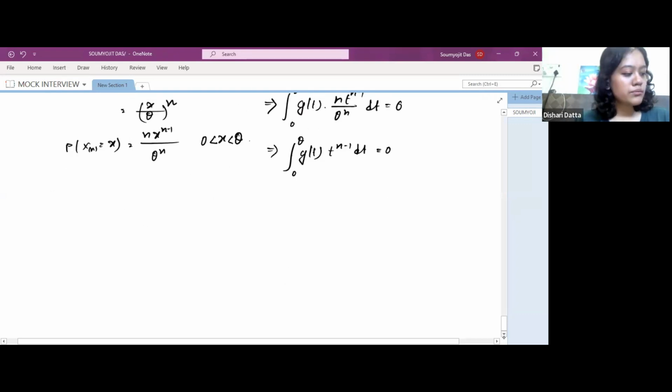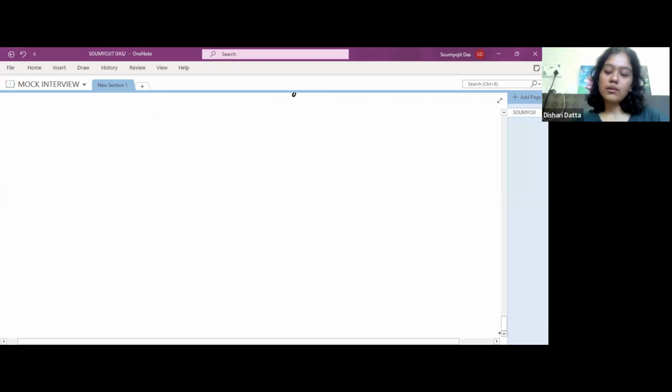Okay, so you said that 2 X bar is the unbiased estimator for theta, right? And X order n is the complete sufficient statistic. I'm telling you it's complete. Okay, so can you tell me about the MVUE of theta from these two pieces of information?